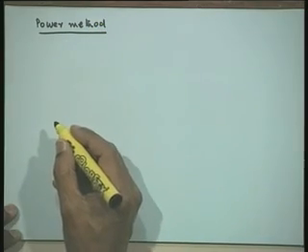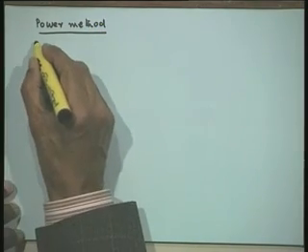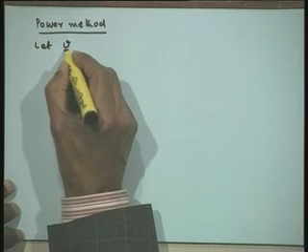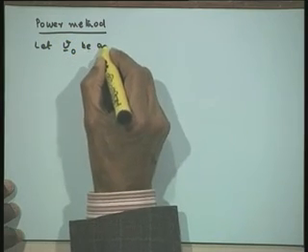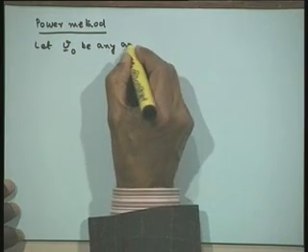Now, we start with any arbitrary initial vector. Let us take V naught to be any arbitrary initial vector.